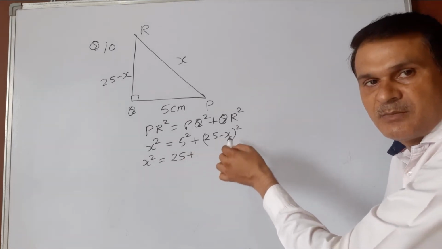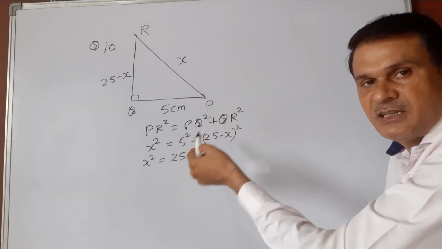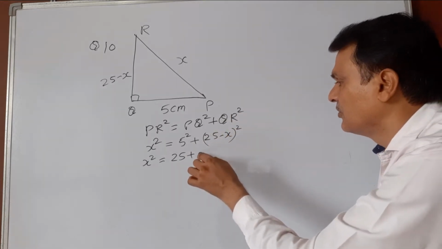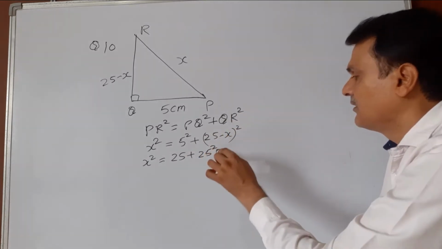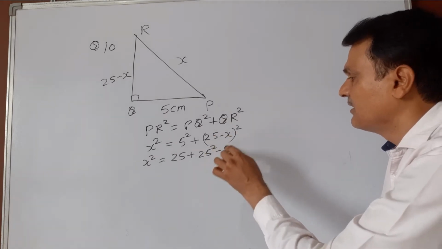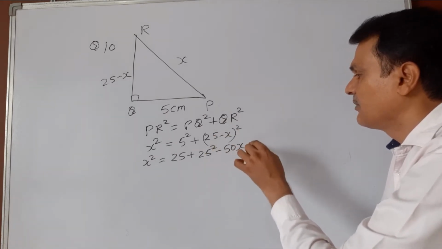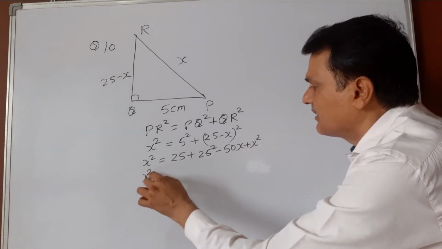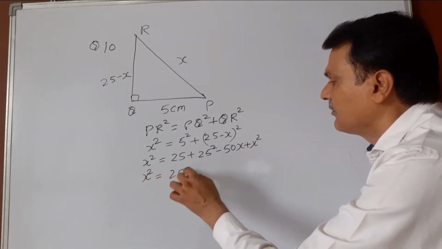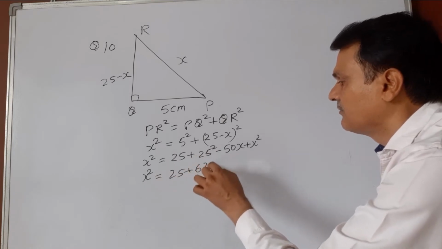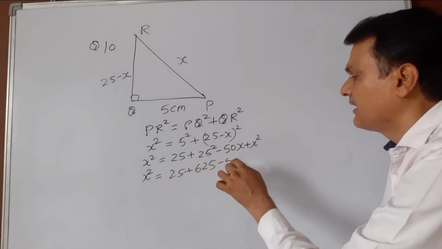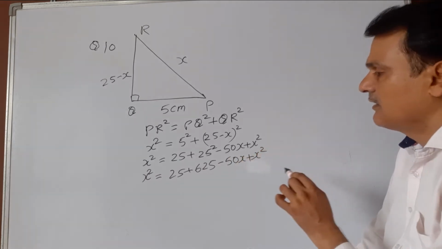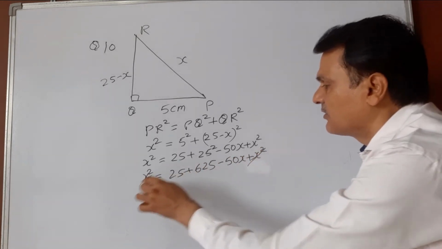Here we apply (A minus B) whole square, which is A square minus 2AB plus B square. And this equals 25 square minus 2 times 25 times X, plus X square. Now we write X square equal to 25 plus 625 minus 50X plus X square, and X square can be cancelled out on both sides.